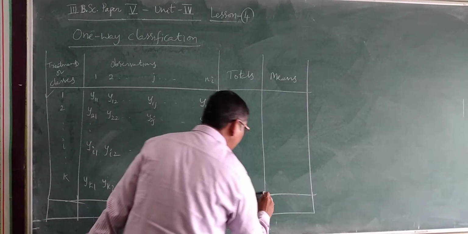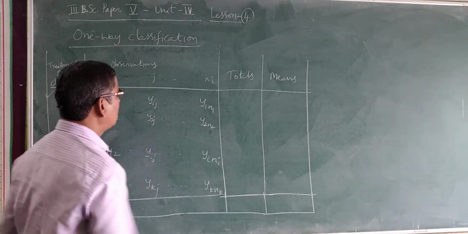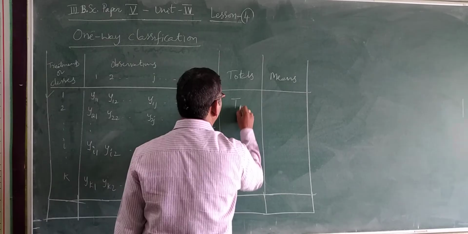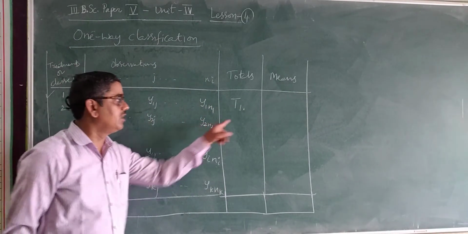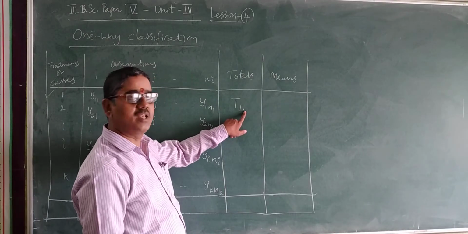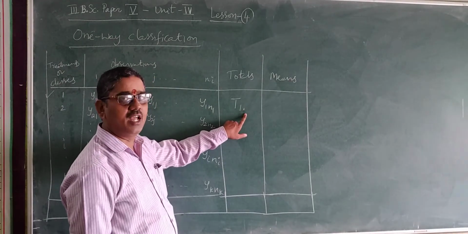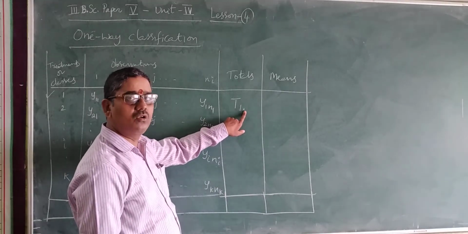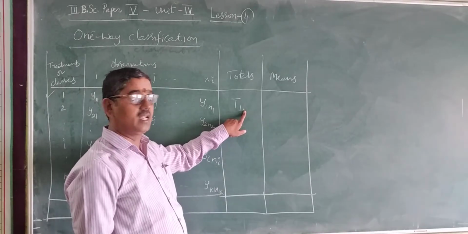Calculating totals is very simple. The total is written as T1 dot. The dot is in the place of j, meaning j is running. There are two indices here, i and j. For i equal to 1, I have taken a dot, which means j is running.